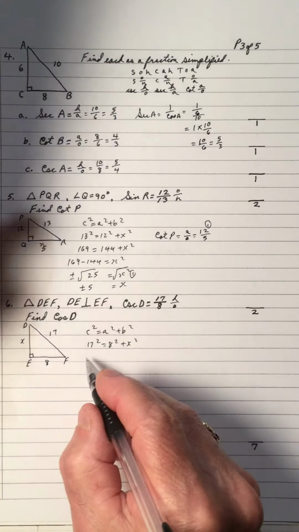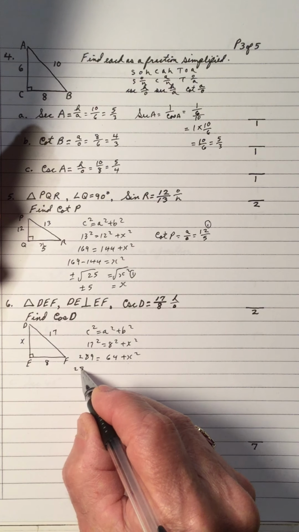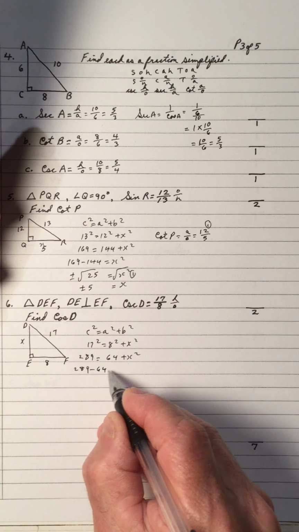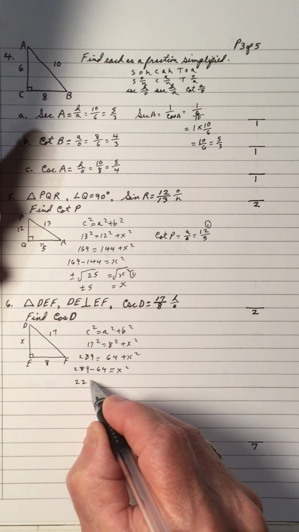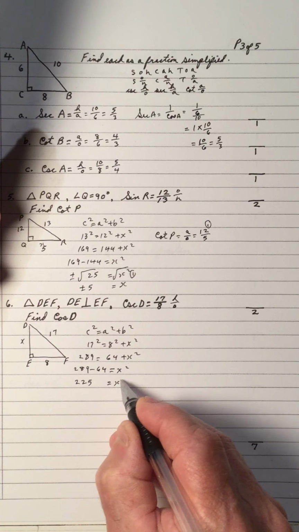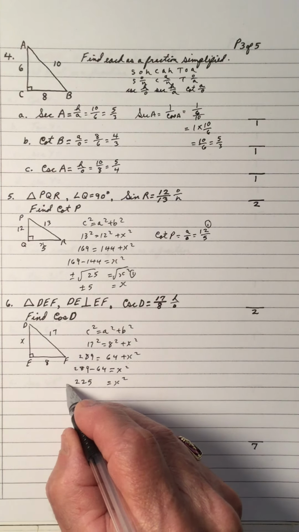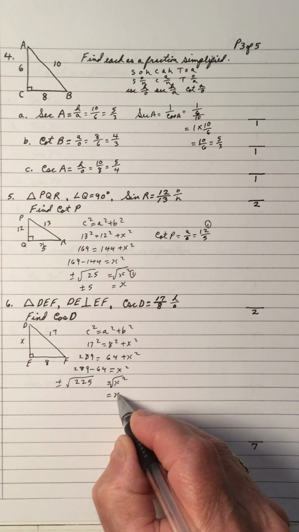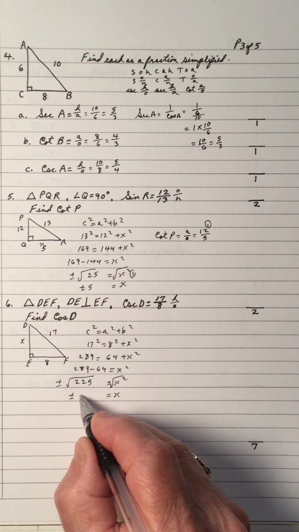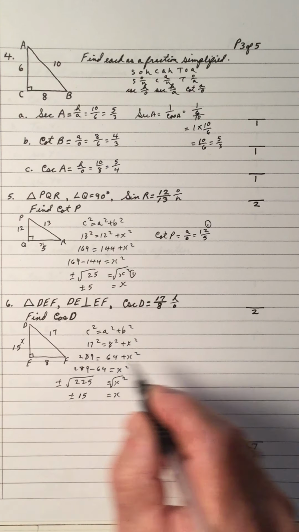And 8 squared is 64. I know that. I've got to memorize. So 289 subtract 64 equals X squared, and that gives me 225. And we do the square root of each side, plus minus square root of X squared, which is X, and that's plus minus 15. So this other side is 15.